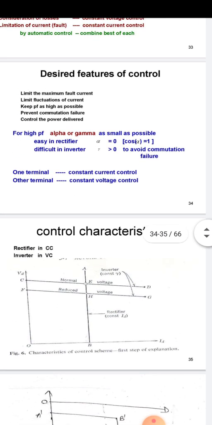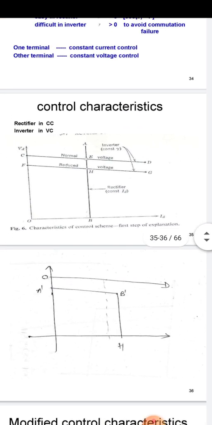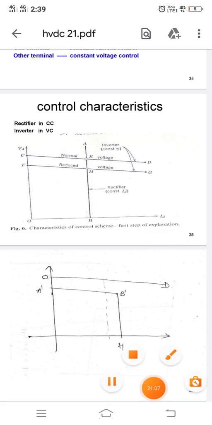These are the control characteristics, which depend on the rectifier and the inverter. The rectifier gives the current control characteristic, and the inverter gives the voltage control characteristic. Both characteristics are plotted in this graph. Okay, that is enough for today's explanation. Thank you.